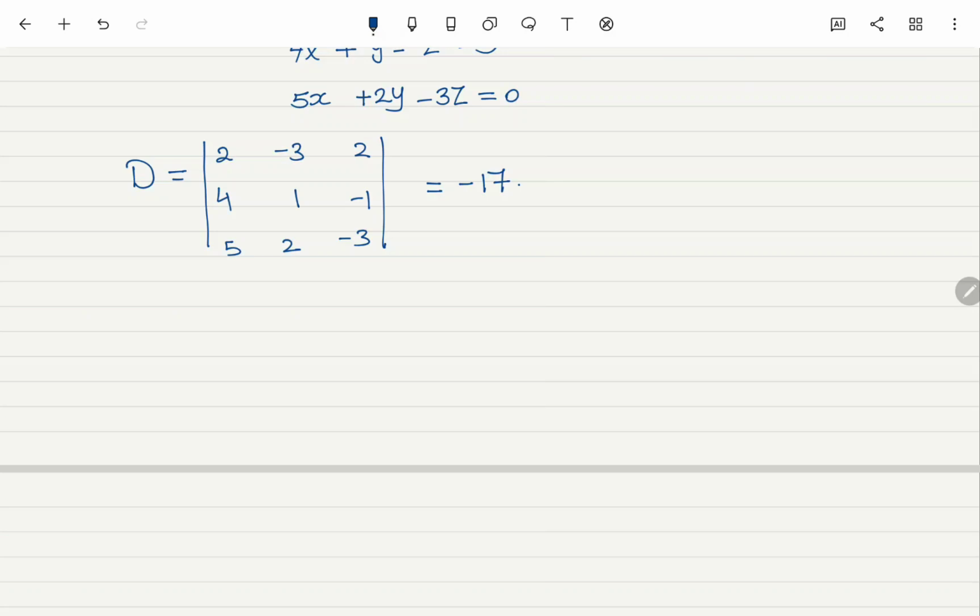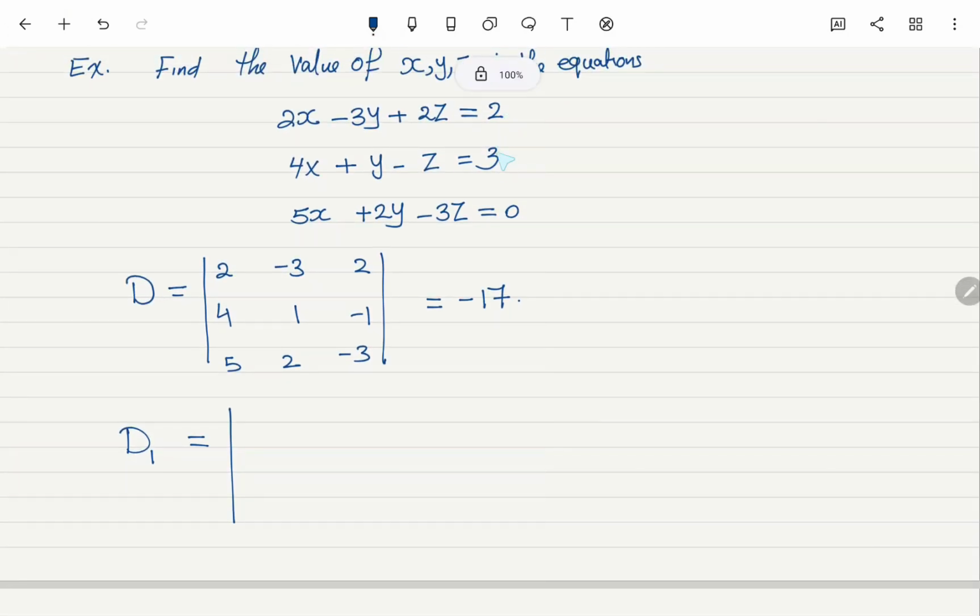Now let's find D1. Remember, it's the same determinant here, but we should replace the first column with 2, 3, and 0.